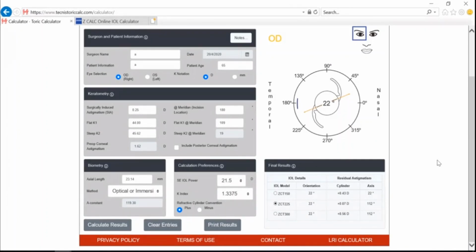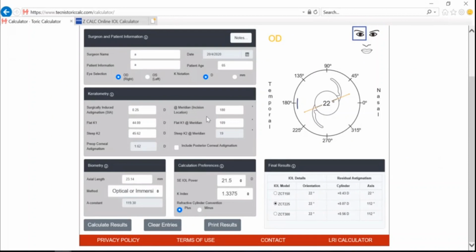So some surgeons want to leave a little bit of with the rule astigmatism, so that as the patient ages and it drifts towards against the rule, the astigmatism neutralizes itself. Some surgeons would take that into consideration as well. So sometimes you hear doctors saying, I prefer to leave a little bit of with the rule astigmatism in there. That is one of the reasons why they would choose to do that.